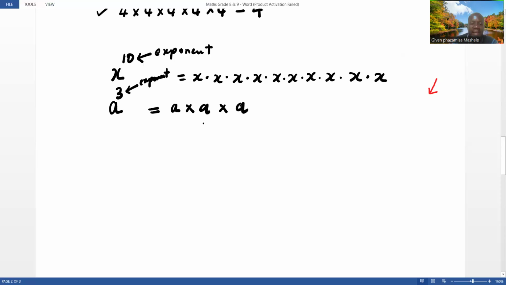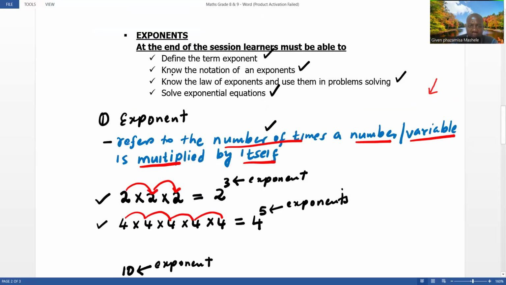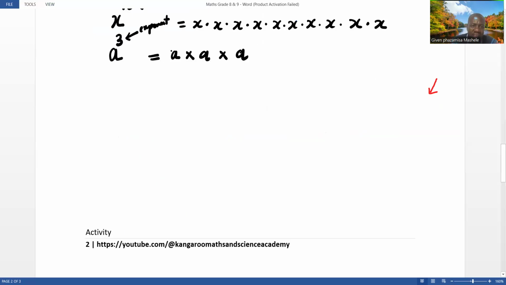Now that we know what an exponent is, we can move on to the notation of an exponent. How do we actually write exponents? An exponent is always raised to a power, and that power is called the exponent.